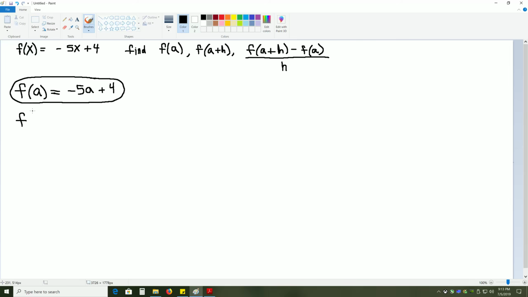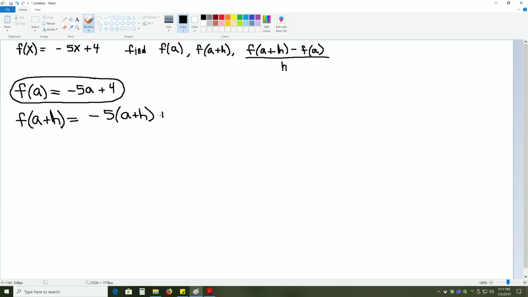For f of a plus h, the second problem, everywhere we see an x in the original function, we're going to replace it with an a plus h, because now that is the entire term in the parentheses. So we have negative 5, and instead of being multiplied by x, it's now being multiplied by a plus h.